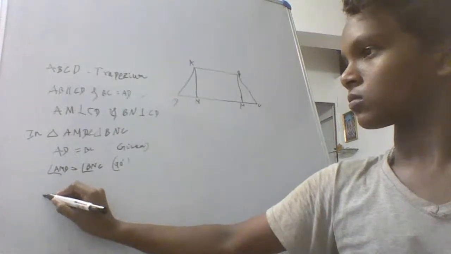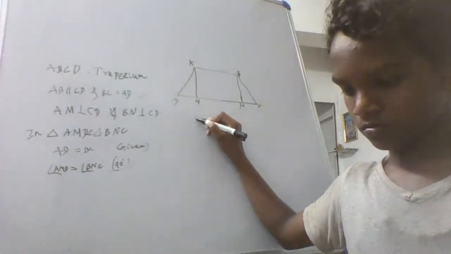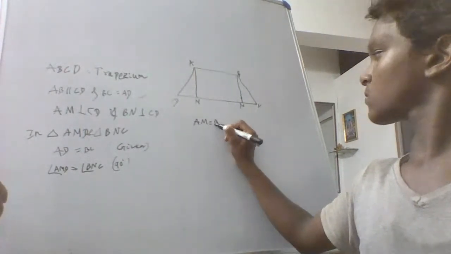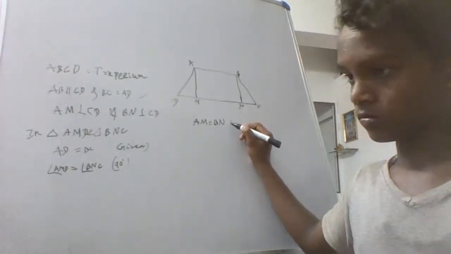Okay. Let us do the next part of the problem. What is it? AM is equal to BN. Why? The perpendicular distance between the parallel lines.